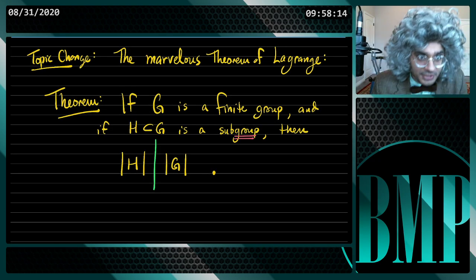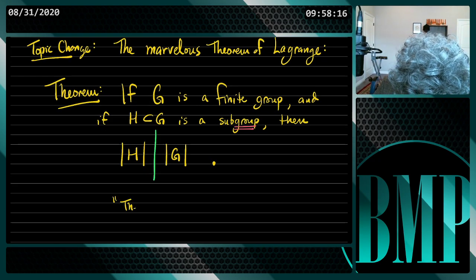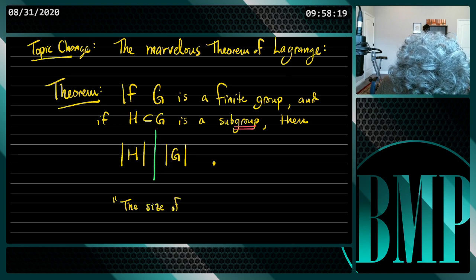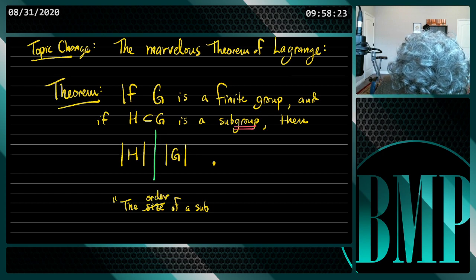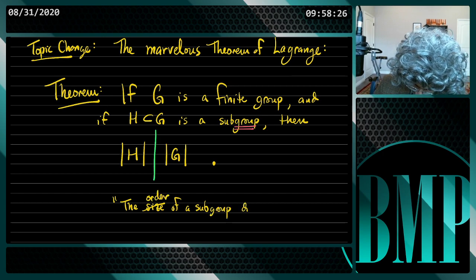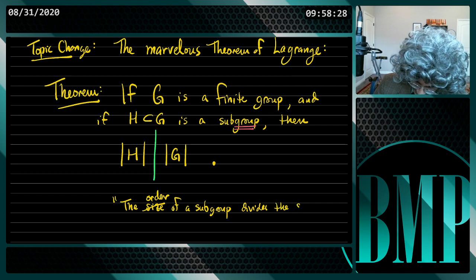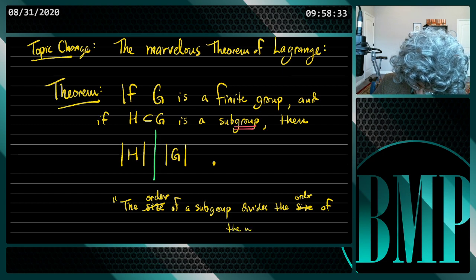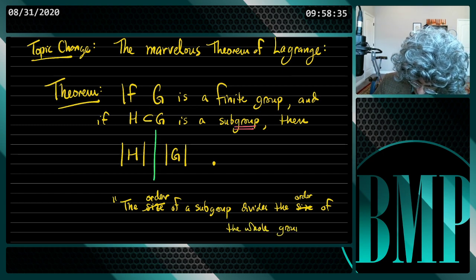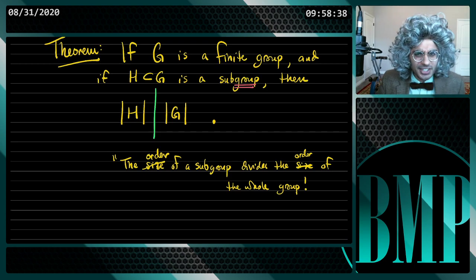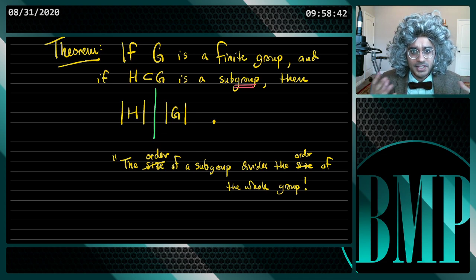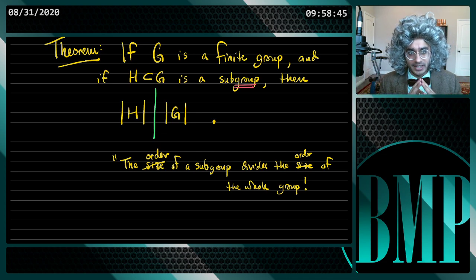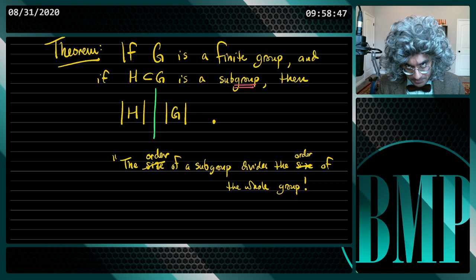Okay, too many vertical lines, but it says the size of a subgroup, the order, let's use the language, folks, of a subgroup divides the order of the whole group. So there's some kind of divisibility type of mathematics that comes naturally in the study of finite groups.